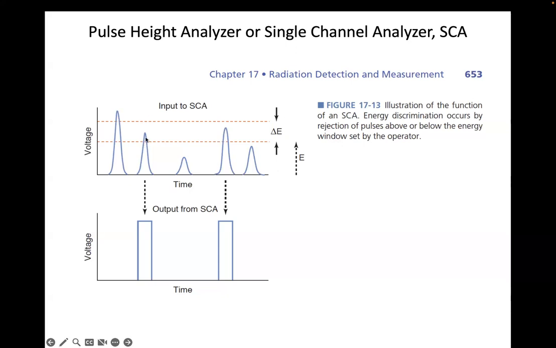So anything in this line we're going to call a true signal, and then that gets changed into a binary or a digital signal and says, yep, I have an event here, and then time goes on, yes, I have an event here. And then these low signals, which we'll see came from scattered radiation or some other source like background noise, those are ignored. Right?